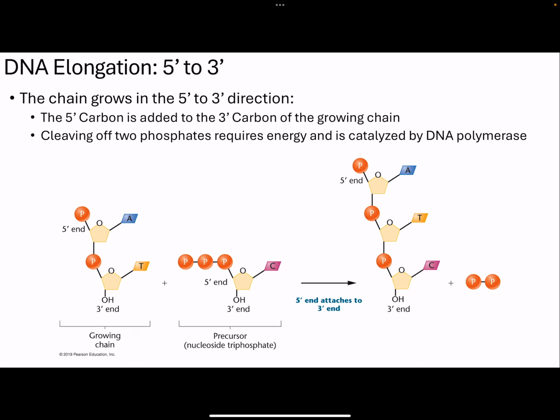So you've seen pictures that look like this before already this class, but this is to remind you how chain elongation happens with DNA. DNA elongation occurs in the 5' to 3' direction.